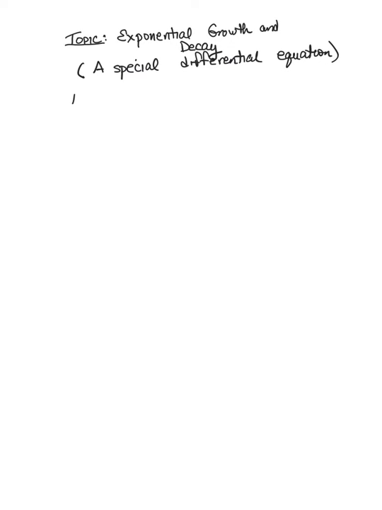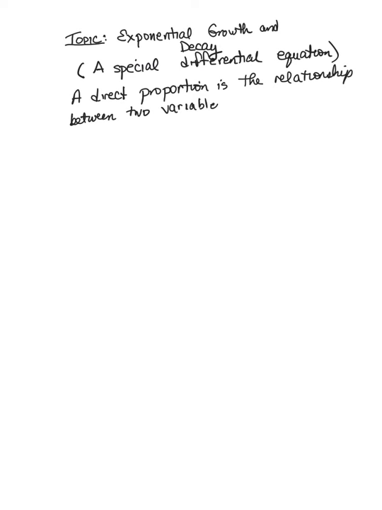A direct proportion is the relationship between two variables when their ratio is equal to a constant value.